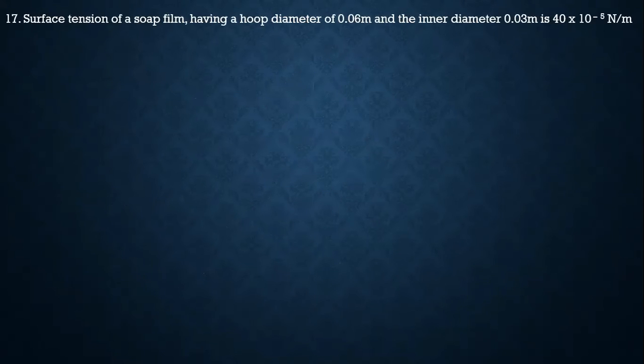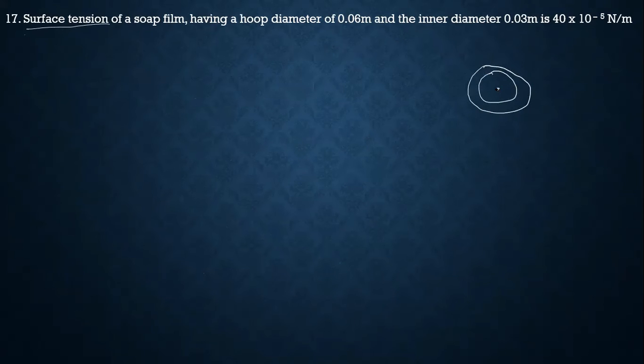Next problem is based on surface tension. Surface tension of a soap film having a hoop diameter of 0.06 and inner diameter. If I take a bubble, the hoop diameter is the outer one.